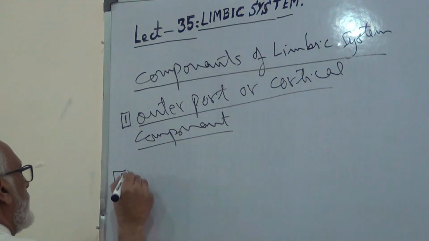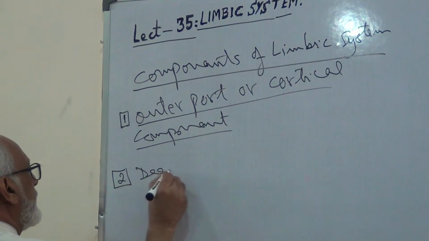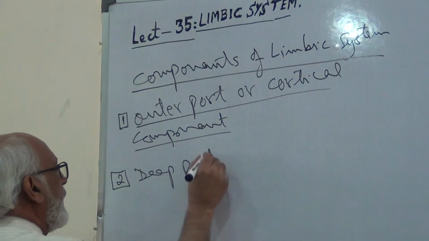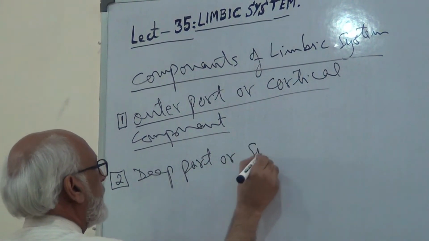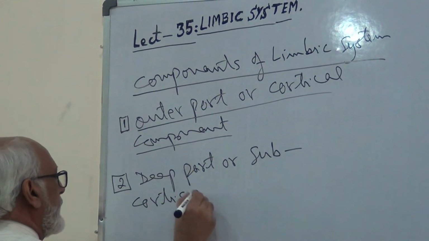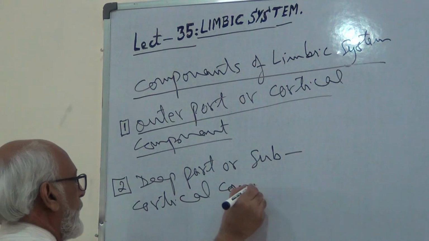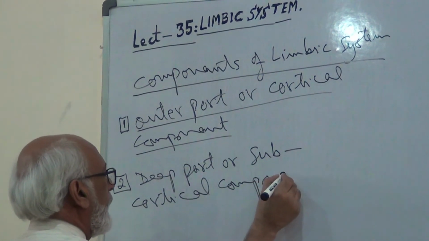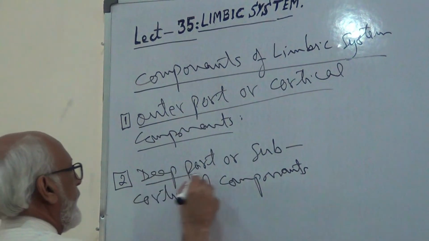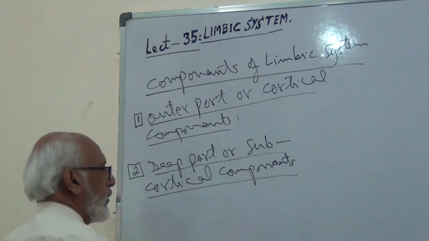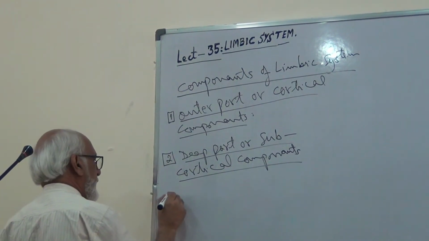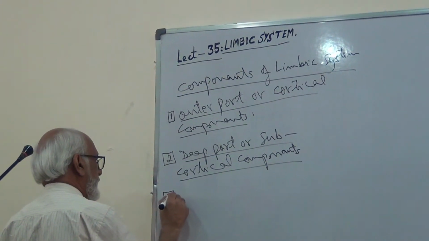Then number two is the deep part, or subcortical component, of the limbic system.